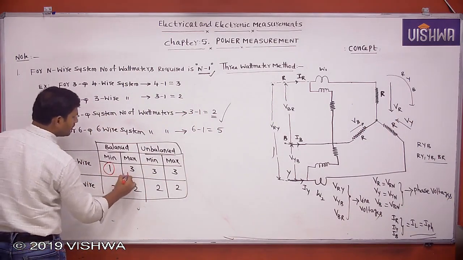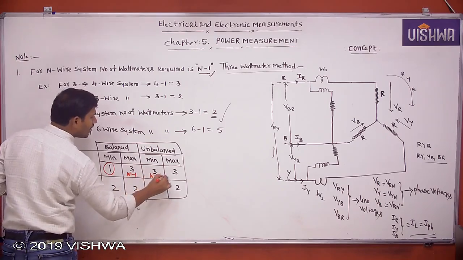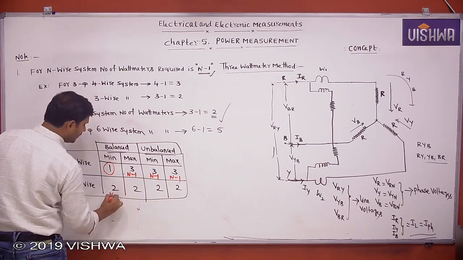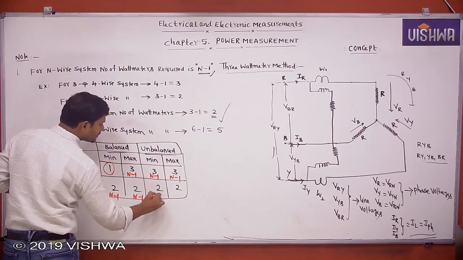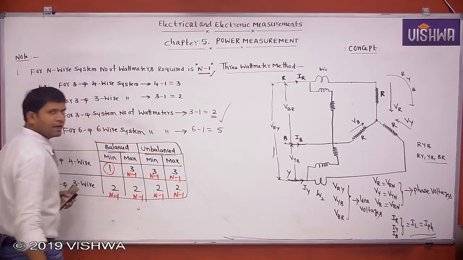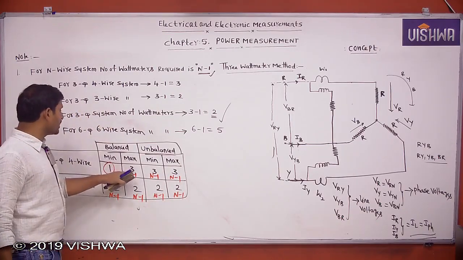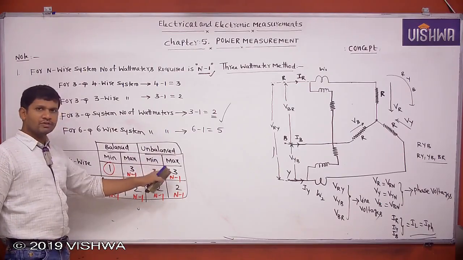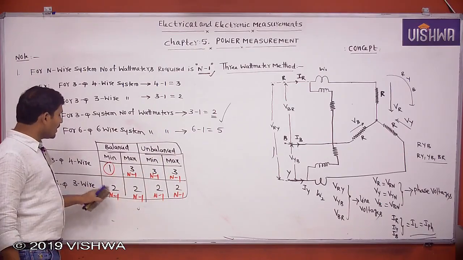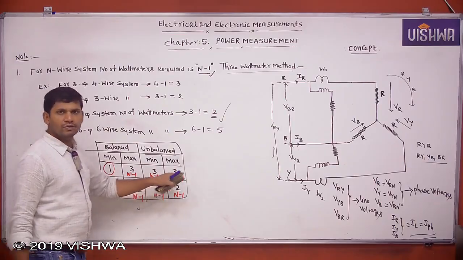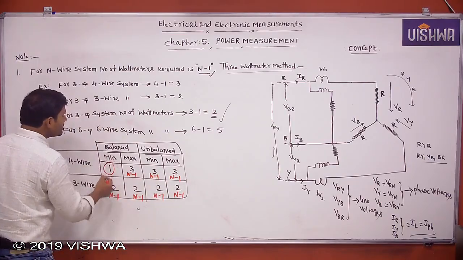This is n minus 1 everywhere. For 3-phase 4-wire, 4 minus 1, 3 in every case. For 3-phase 3-wire, 3 minus 1, 2 in every case. Only this one case is not applicable.